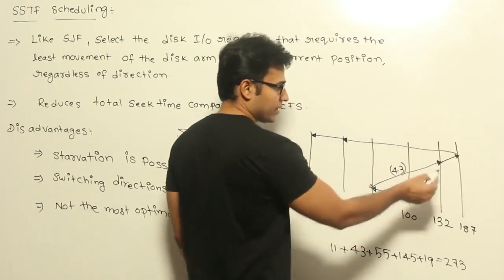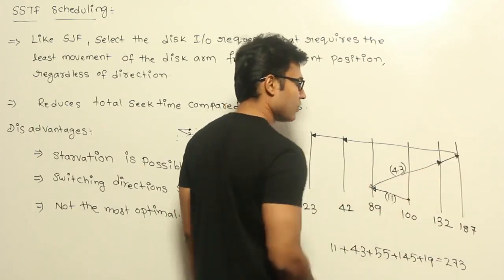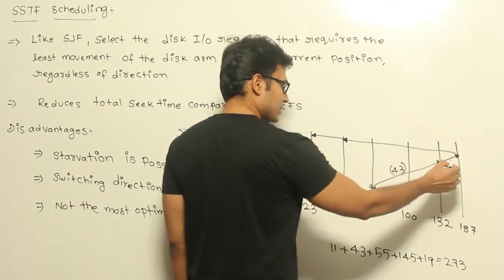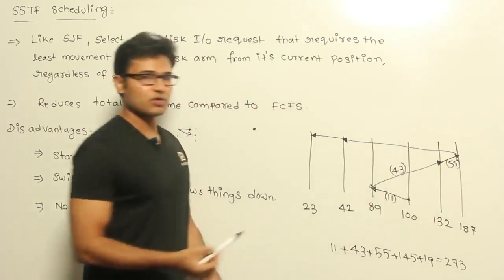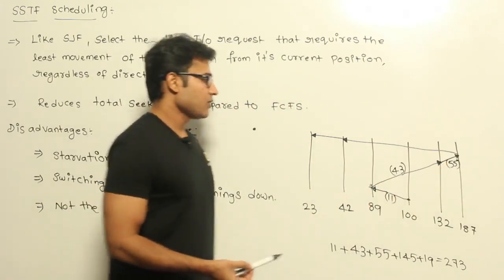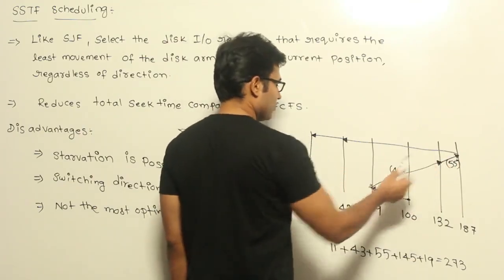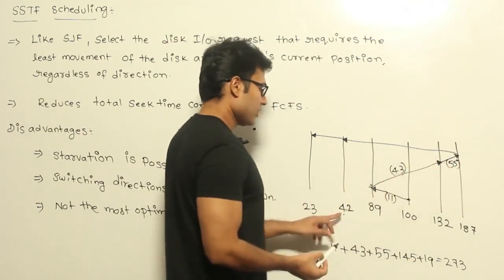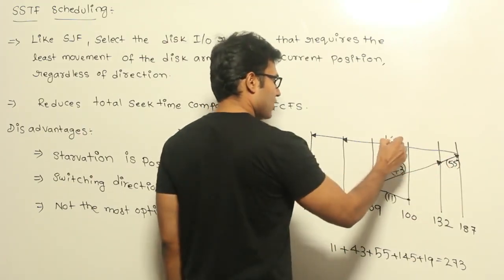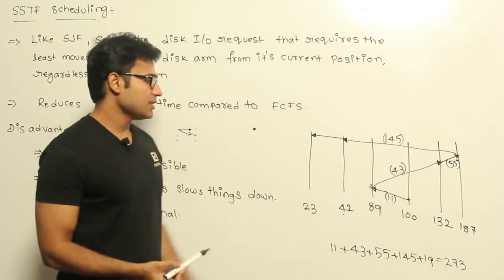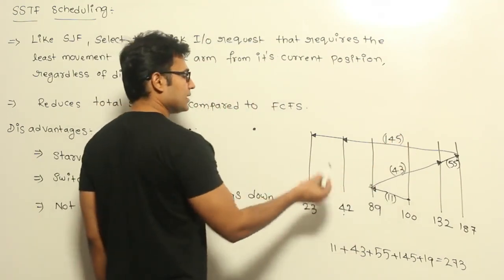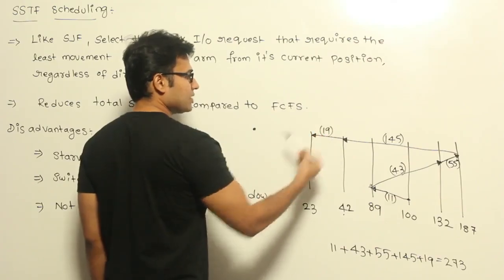Next from 132, the closest one is 187, and for this the number of cylinders I have to cross is 55. From 187 the next closest is 42, therefore for this one I have to cross 145 cylinders, right? And from here the next closest one is 23, which means I have to cross 19 cylinders.